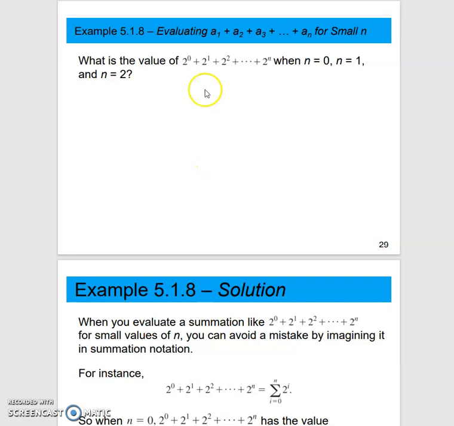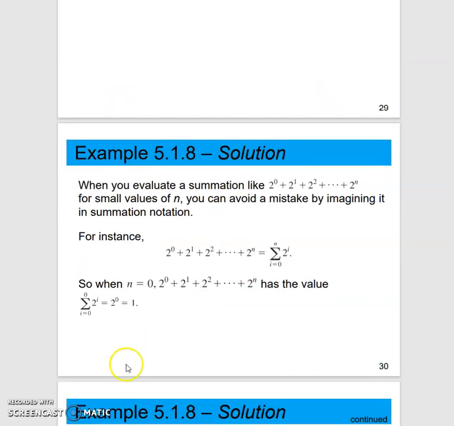All right, so let's find some values. So here I've got 2 to the 0 plus 2 to the 1 plus 2 squared, all the way up to 2 to the n. And let's find that when n is 0, 1, and then 2. So when n is 0, again, I'm going to plug those in and run it out, but I'll only have the one term because we start with 2 to the 0.